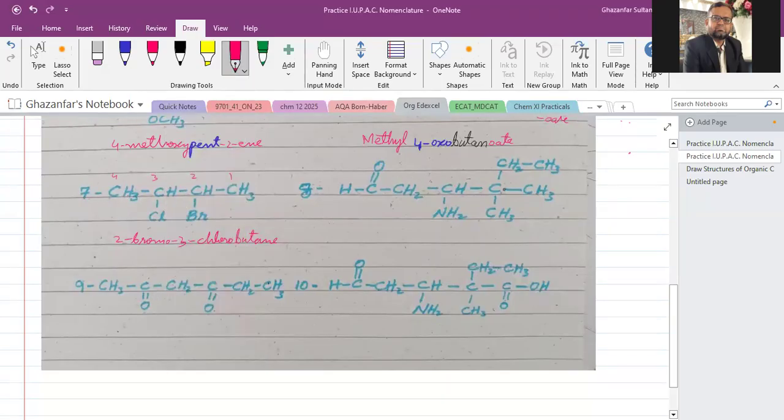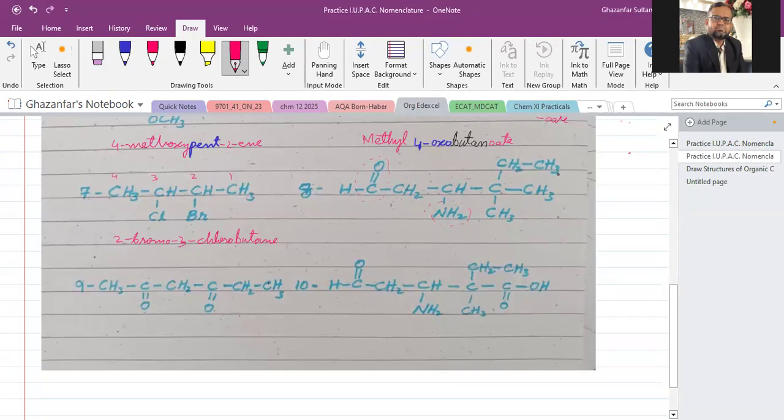Now this is the compound where one functional group is here, that is aldehyde. One functional group is there, that is amino. So now these functional groups must be part of the basic chain.